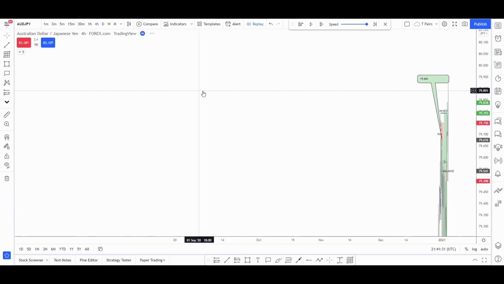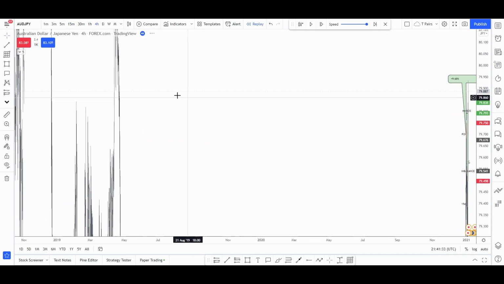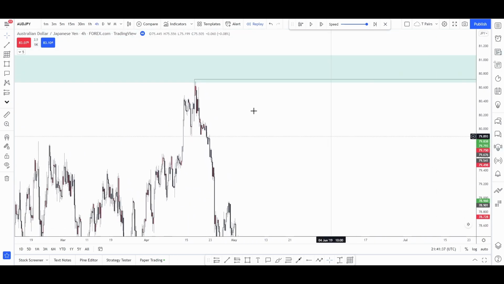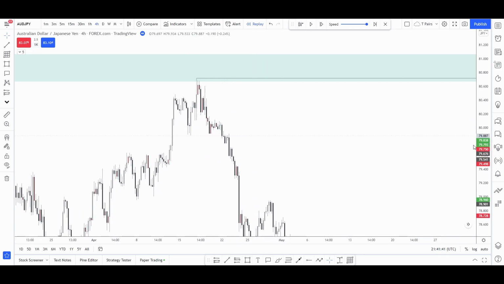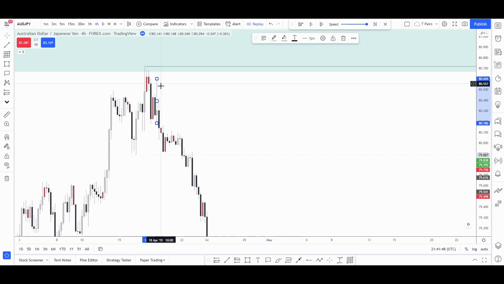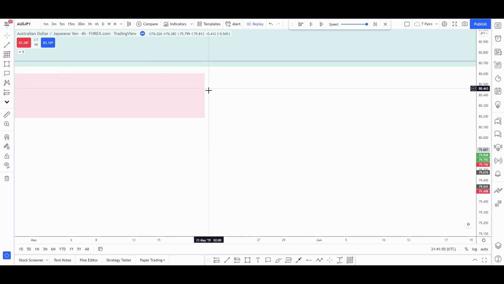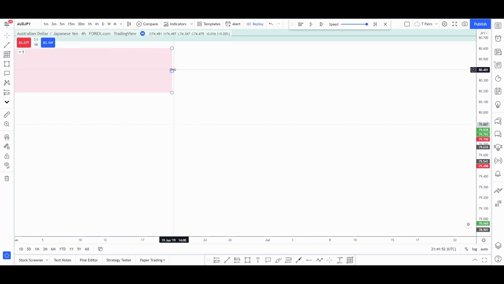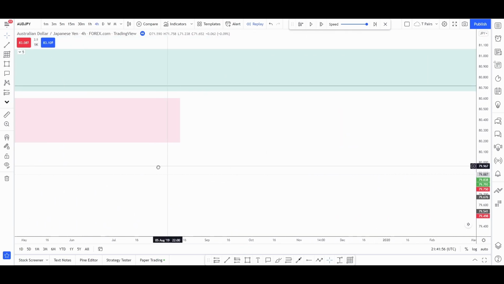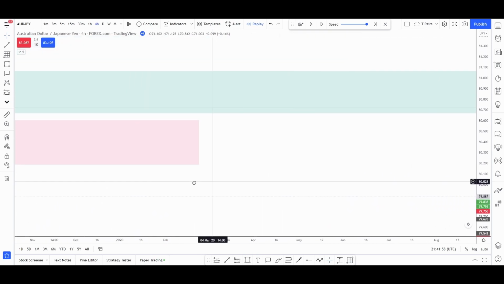Let's go back on the 4-hour real quickly and just see what is behind us. Oh, you know what? I've marked up there. We're down here. My bad. Right, okay. We're probably going to be missing quite a few things here. Yeah. Big 4-hour supply right here. That's helpful. At least we're not going completely blind.